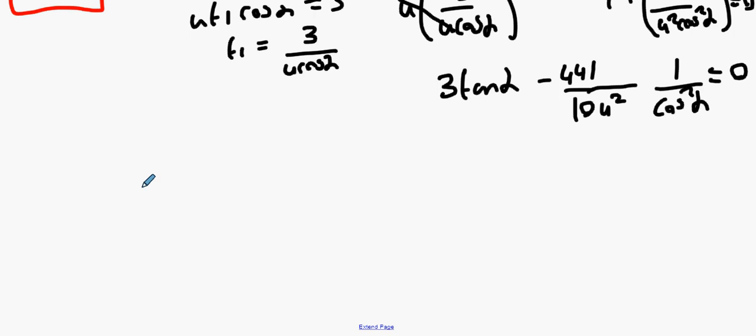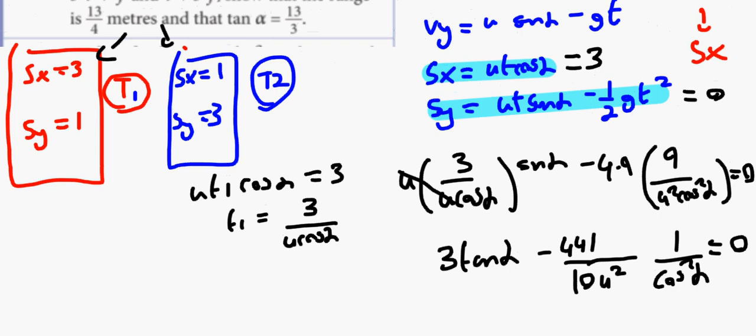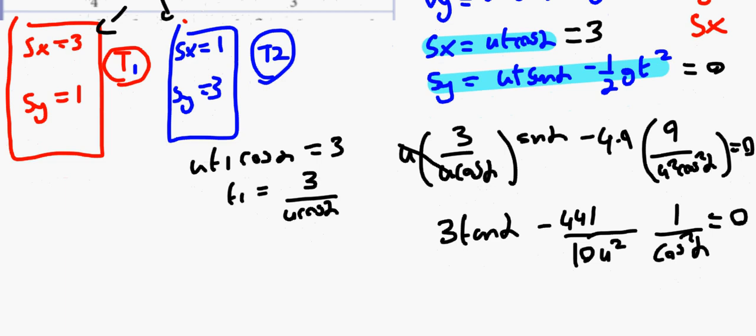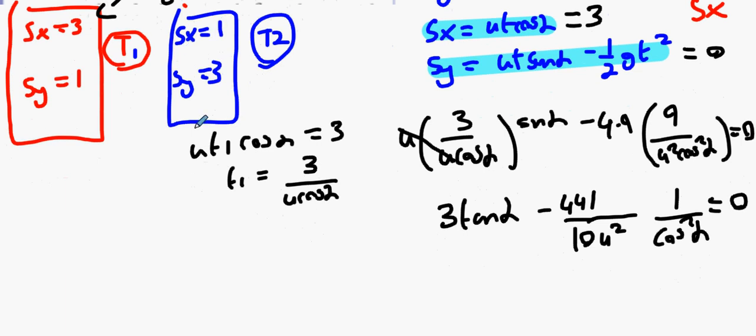Okay, this time it's the point 3, 1. Alright, great. This time I'm using 1, 3. So it's going to be Sx equals 1, u T2 cos alpha over 3.